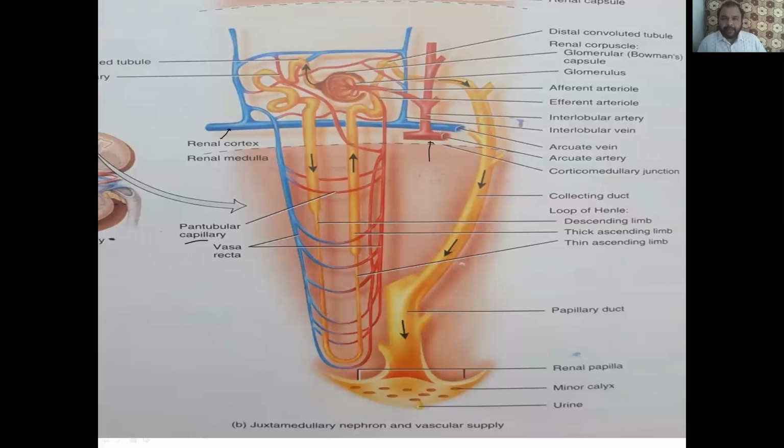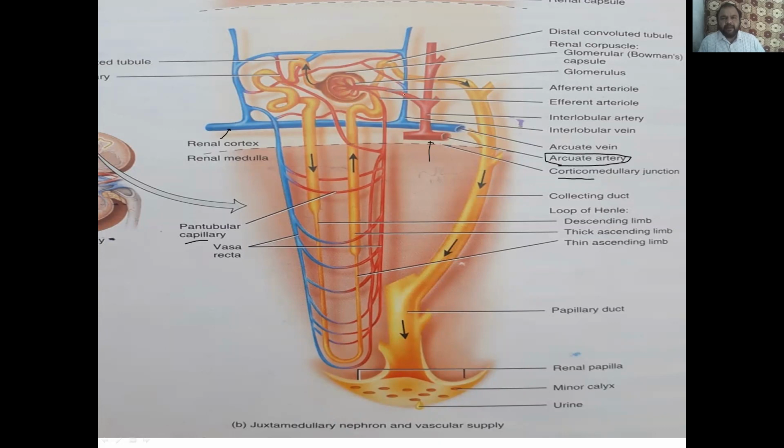So what happens ultimately at the nephron level? At the corticomedullary junction, this is the, sorry, arcuate artery. This arcuate artery sends many of its branches to many nephrons.